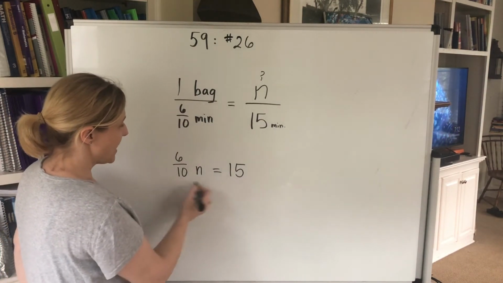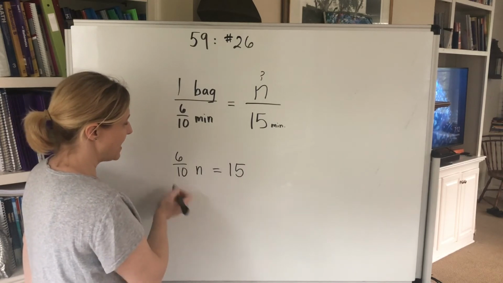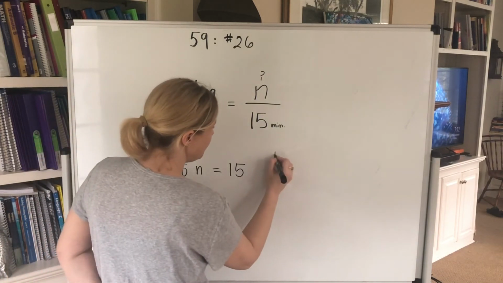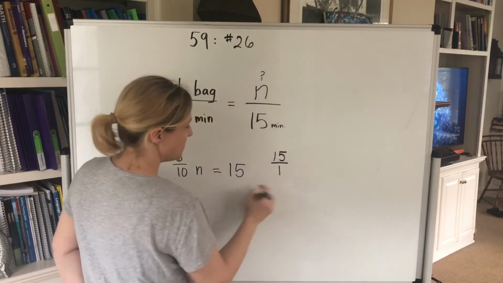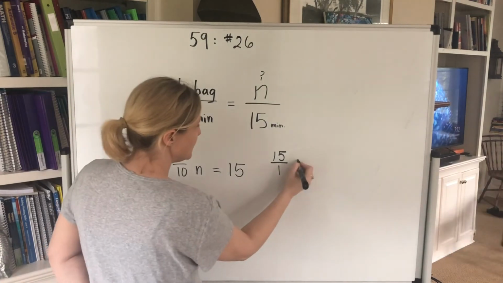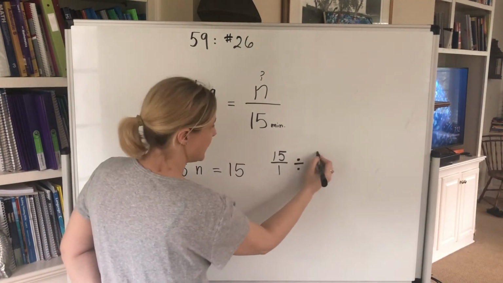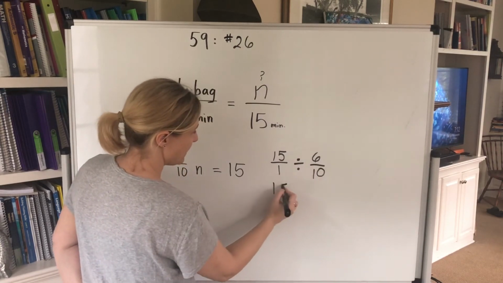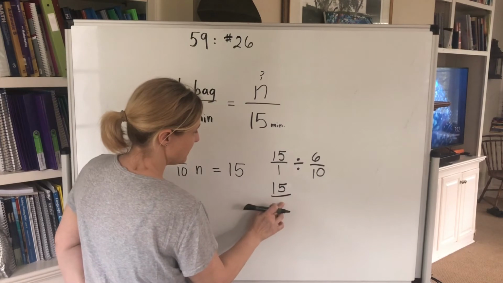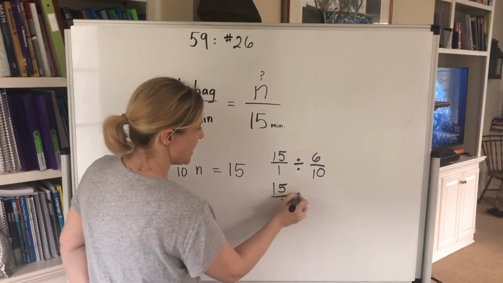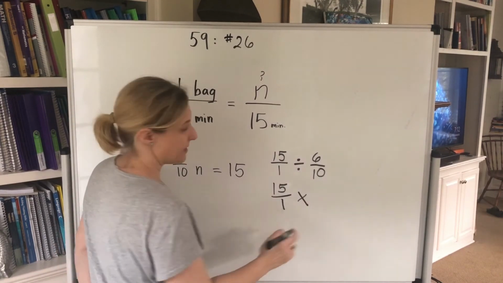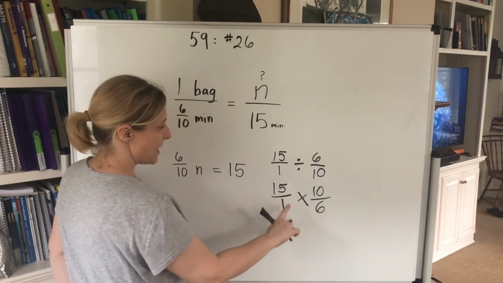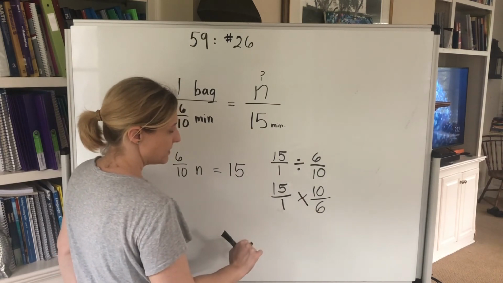That means we're just going to have to divide to find n. 15 divided by 6/10. We'll turn our whole number into a fraction, 15 over 1, divided by 6/10. That will be 15 over 1 times the reciprocal of the second fraction, 10/6. Can any of these numbers be reduced?